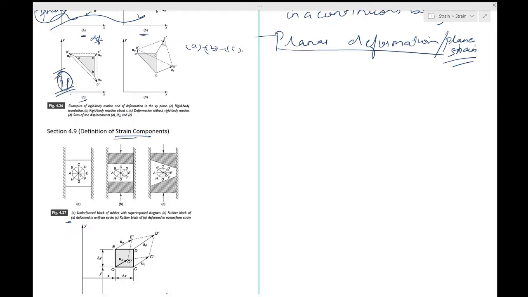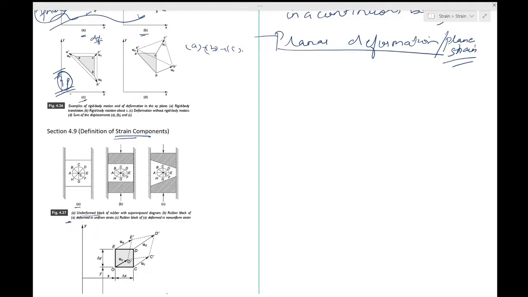Okay, so this is the thin rubber block, in its undeformed state over here in A, an undeformed block of rubber, and there is this diagram drawn, A, B, C, D, E, F, G, H. Okay, this is just to get a feel of what the deformation looks like.